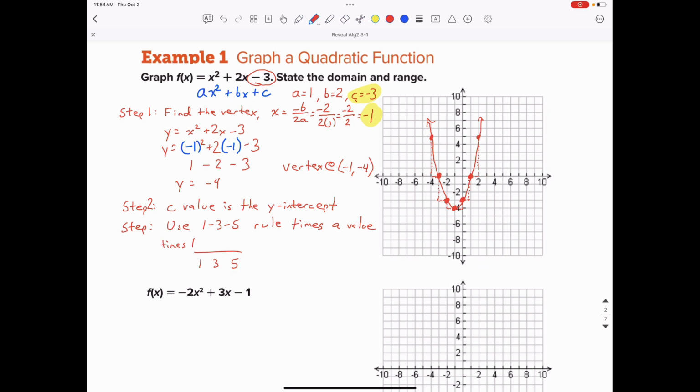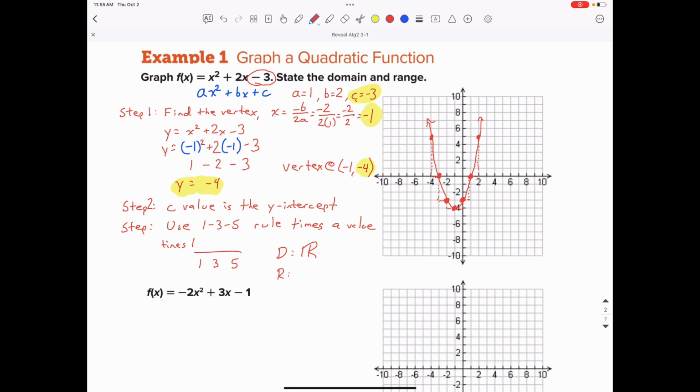It also asks us to state domain and range. So unless there is some real-world limitation, the domain is always going to be all real numbers. The range is always going to be based upon the vertex. The vertex is either the highest point or the lowest point. So remember, the y value of the vertex was y equals negative 4.